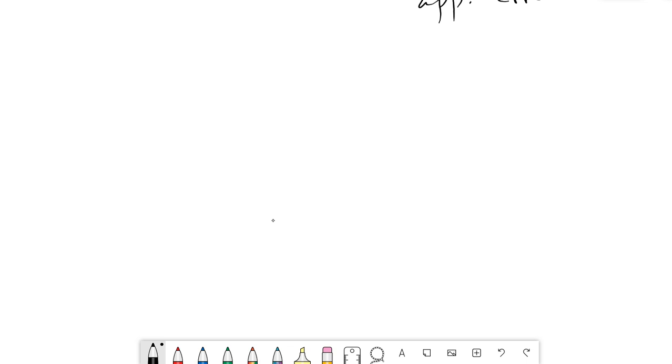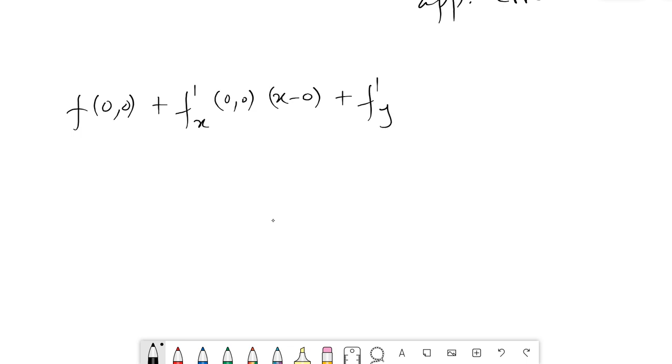Now, in our case, we have f of 0, 0 plus the partial derivative in x at 0, 0 times x minus 0, since everything is at 0, 0, plus the partial derivative in y at 0, 0 times y minus 0. That has to be equal to, we'll check that in a sec.